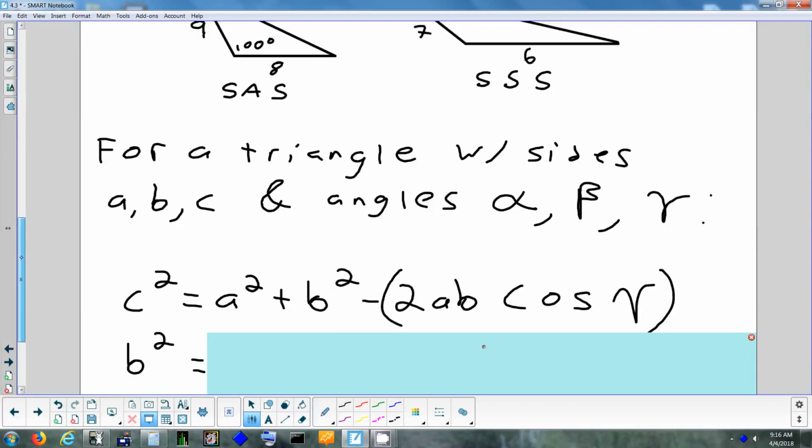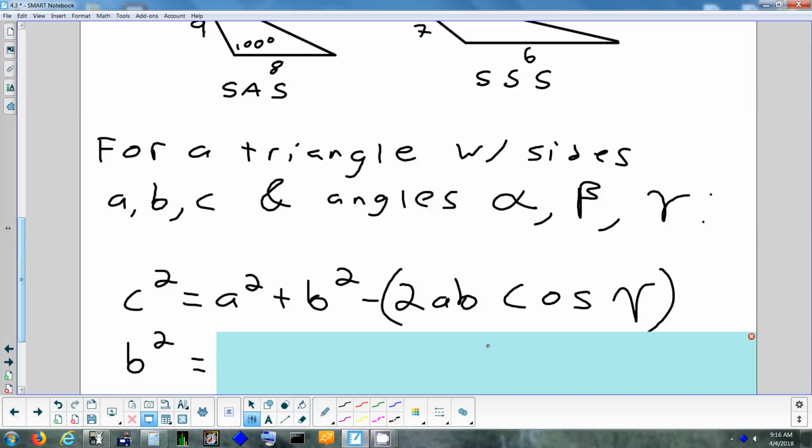All right, so anyone think they could start me off with the version that begins b squared? Nate? Would it be b squared plus a squared? Yep, we just put it in alphabetical order, but that's fine. So b squared equals a squared plus c squared minus, anyone think they know what would come next?